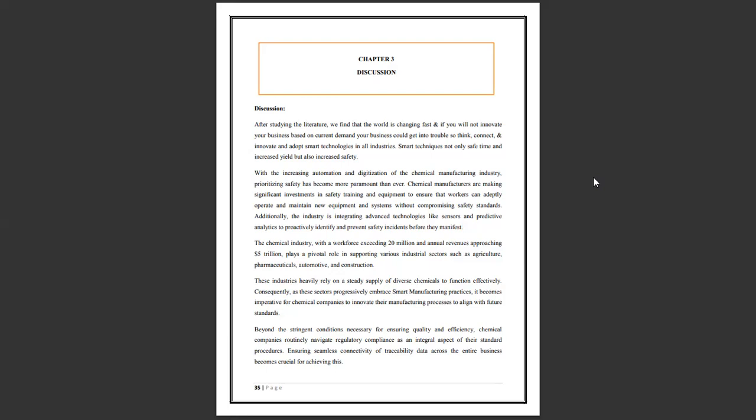Beyond the stringent conditions necessary for ensuring quality and efficiency, chemical companies routinely navigate regulatory compliance as an integral aspect of their standard procedures. Ensuring seamless connectivity of traceability data across the entire business becomes crucial for achieving this.